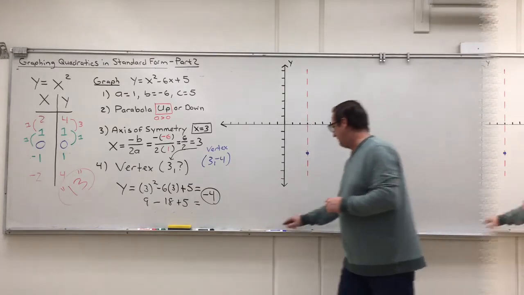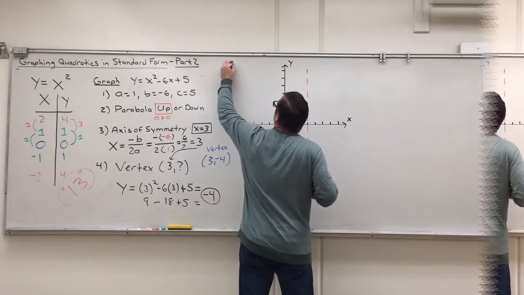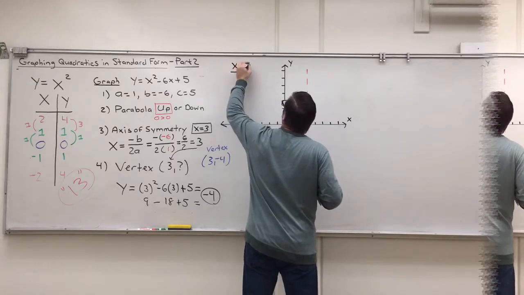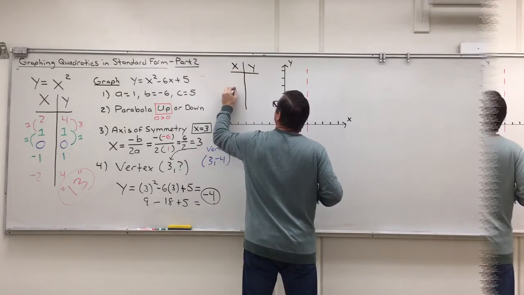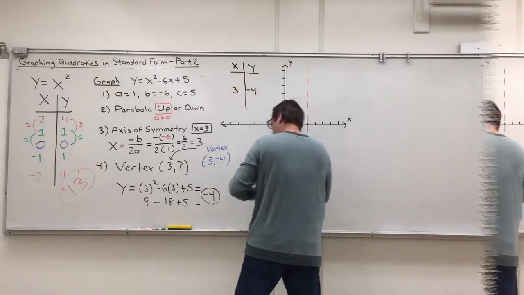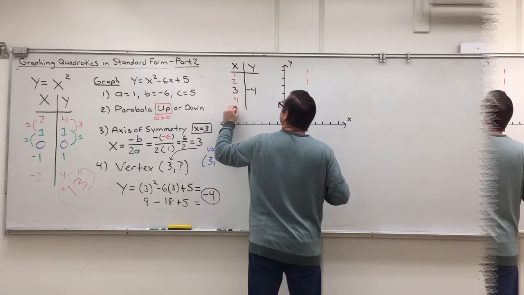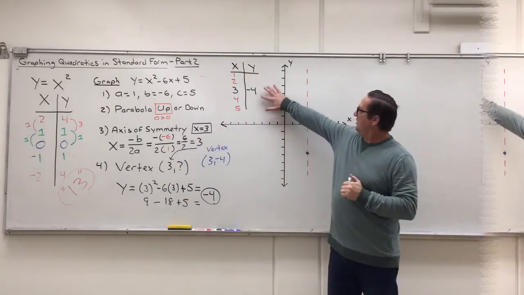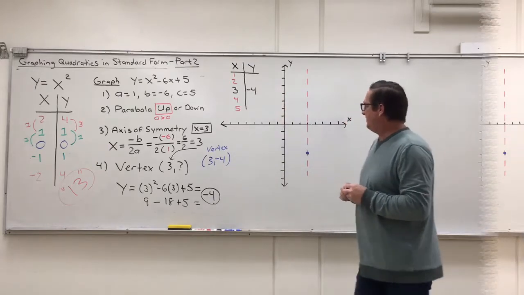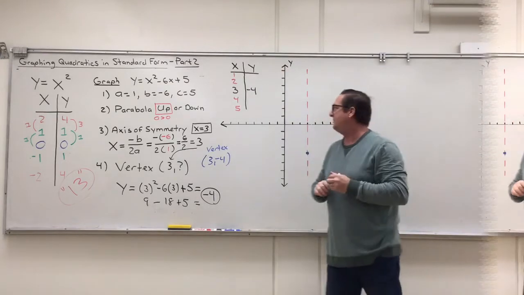So let's get our table ready. We set up our table and we put the vertex in the middle. Don't put it at the top, because remember, we need to find the shape we have going here.